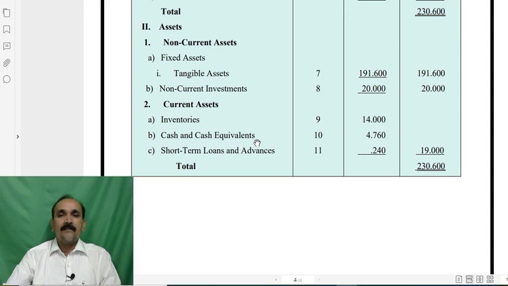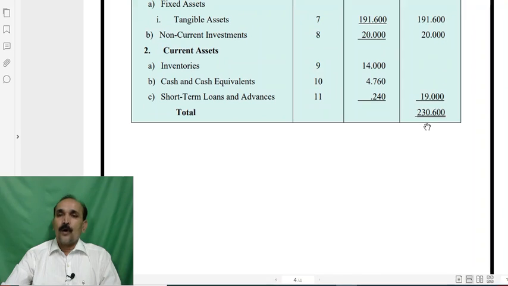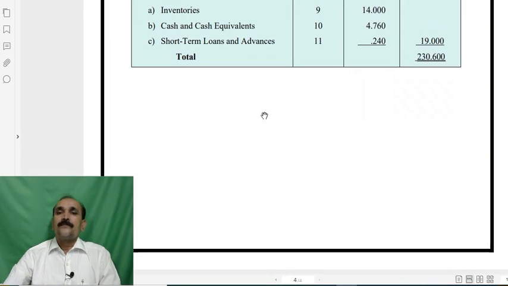B. Cash and cash equivalents, note 10, 4,760. C. Short-term loans and advances, note 11, 240. Total 19,000. All the balances of the notes are transferred from the notes. Total of assets 2,30,600. Thank you.